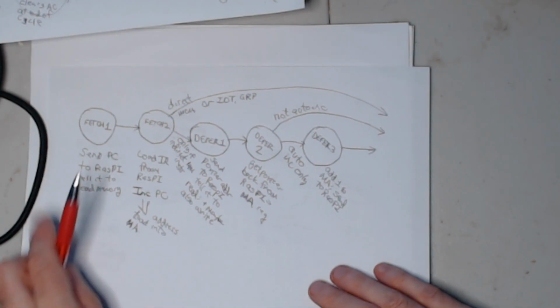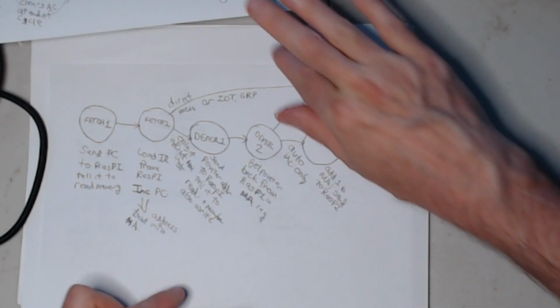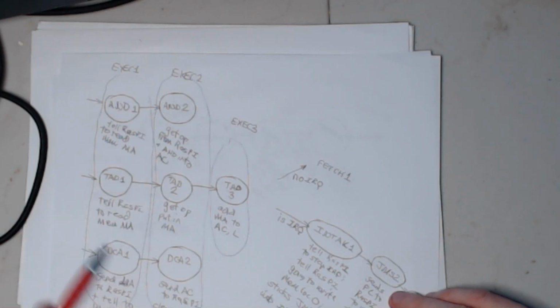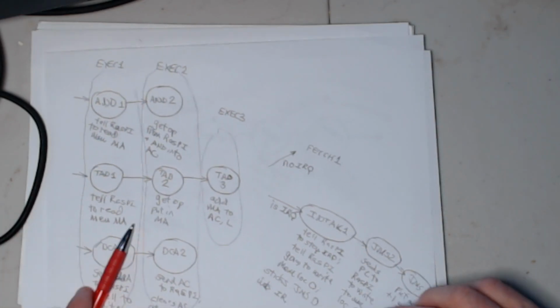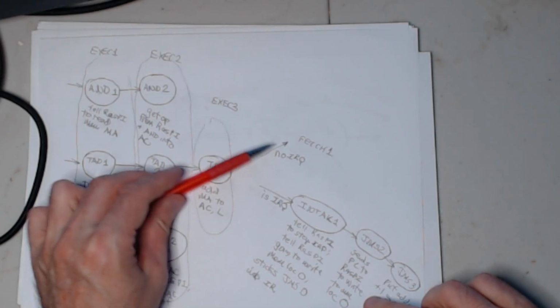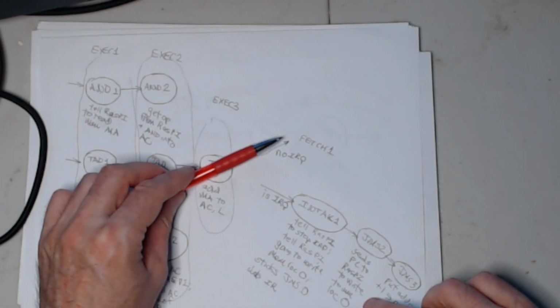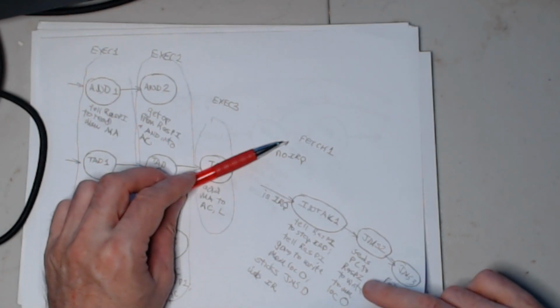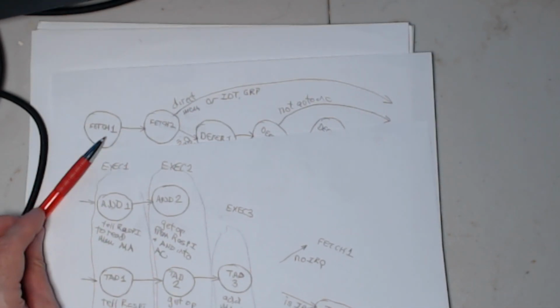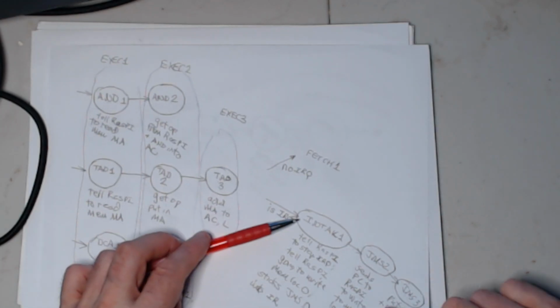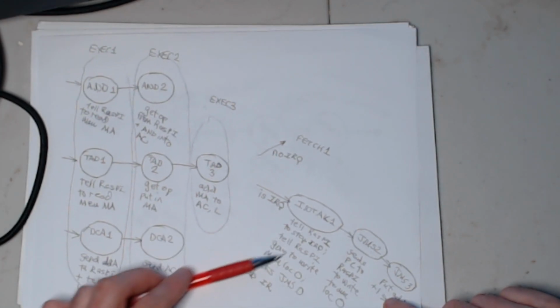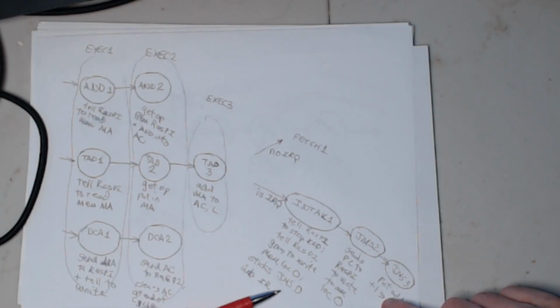All right, so there's those states: fetch 1, defer, and then again some of the instructions shown here, and then what happens in the last cycle of an instruction. It either goes to fetch 1 back here to get the next instruction, or it'll do the interrupt acknowledge sequence here, which is really just a JMS 0 instruction.